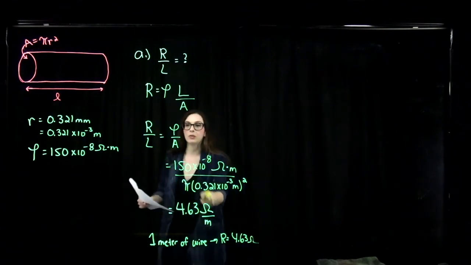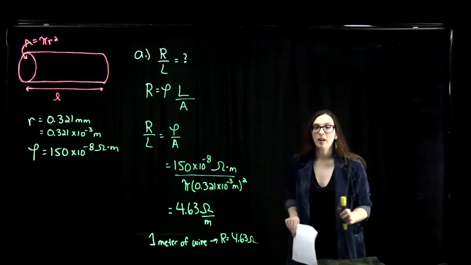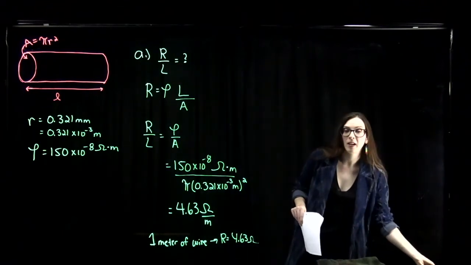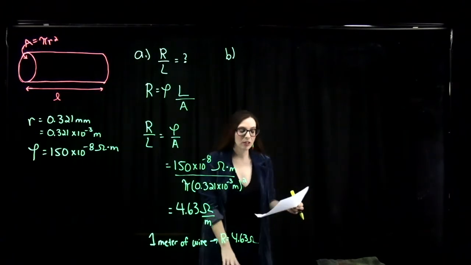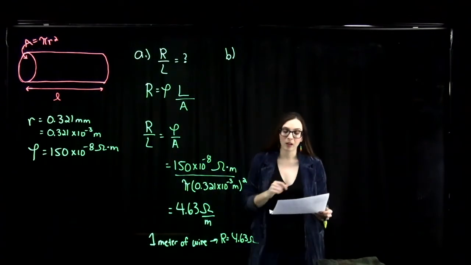Okay, that's essentially what this means. The resistance per unit length, 1 meter of our wire is going to have a resistance of 4.63 ohms.